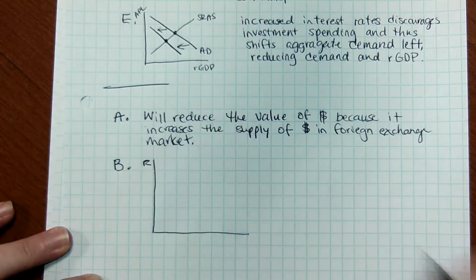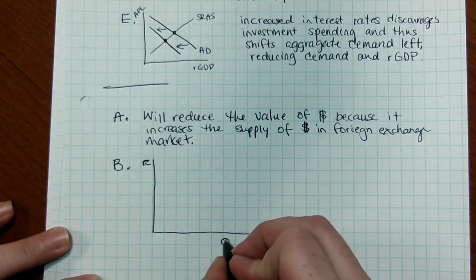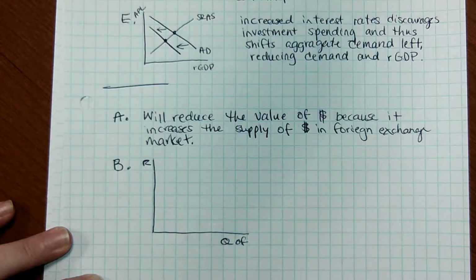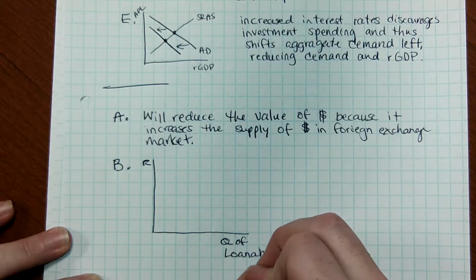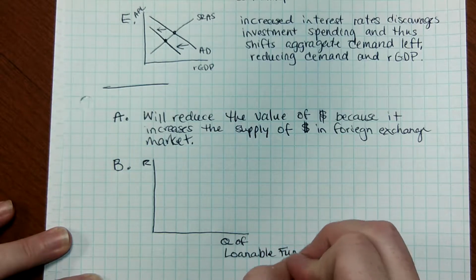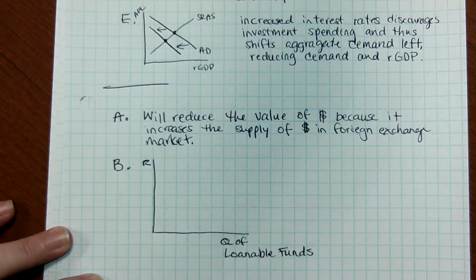So R for interest rate, and over here, what is it? Quantity of money goes on your money market graph. This one is quantity of loanable funds.